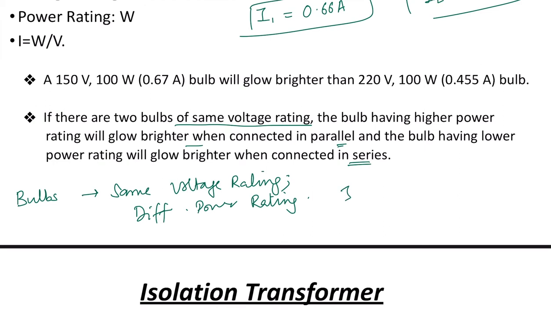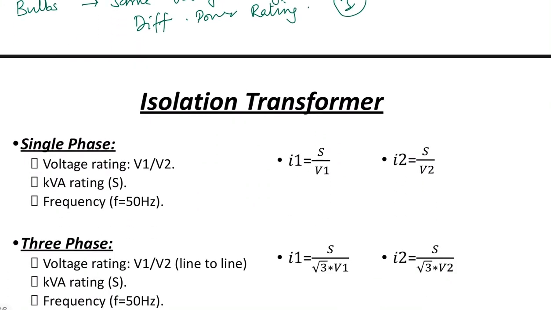Because it draws more current from the system, right? And if you see in case of series, the one with lower power rating will glow brighter because it is running at a current higher than its actual rated current. So this is about some basic electrical devices that are used in our homes.